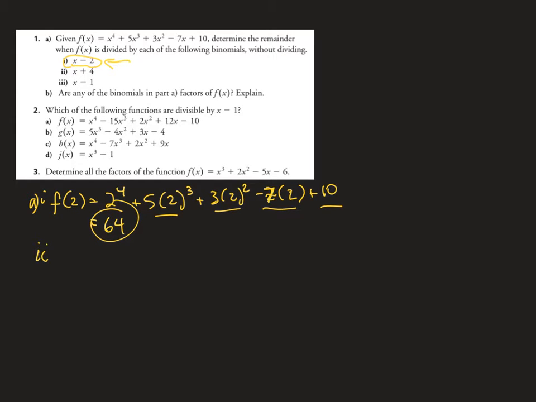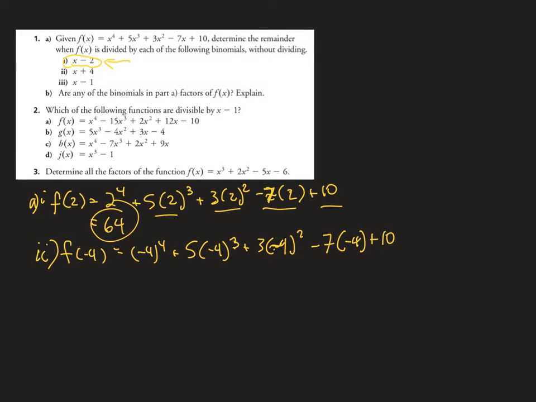2. f of negative 4. So negative 4 to the 4 plus 5 times negative 4 cubed plus 3 times negative 4 squared minus 7 times negative 4 plus 10.